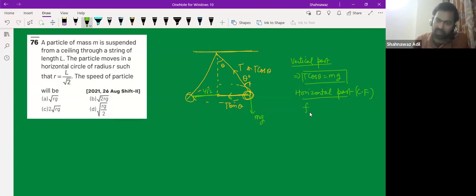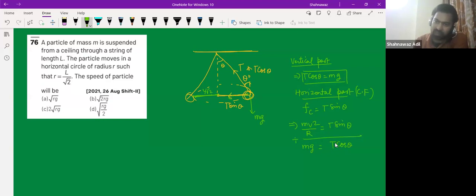So Fc is T sine theta, right? So this is mv square by r, and this is T sine theta. And you have mg as T cos theta, right? So you have to get rid of this tension, right? So you divide these two things.